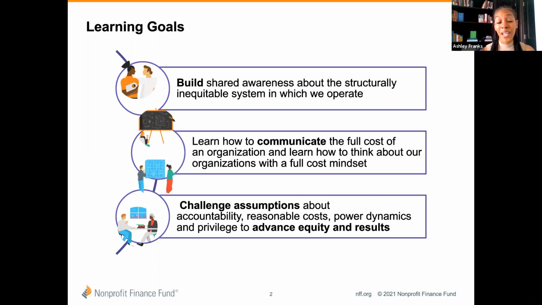We'll talk more about that today. We hope to learn how to communicate the full cost of an organization and learn how to think about our organizations with a full cost mindset. And then finally, we want to challenge assumptions about reasonable costs, about accountability, power dynamics, and privilege to advance equity and results.